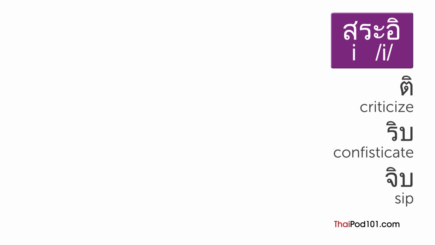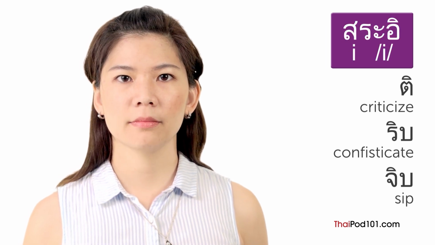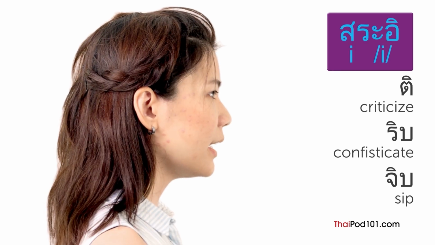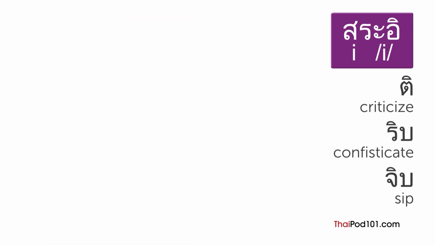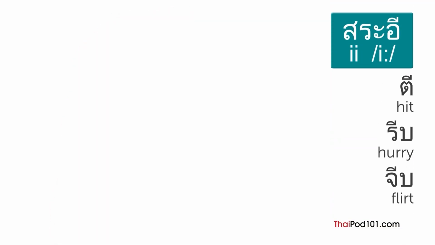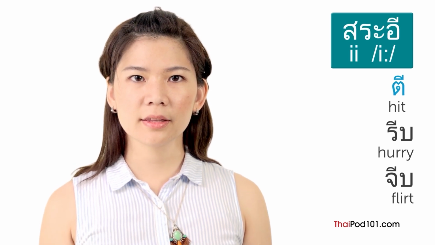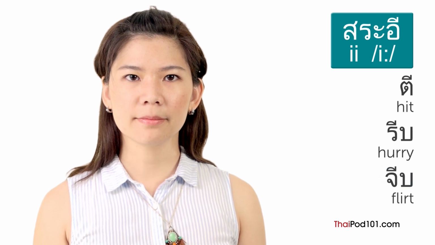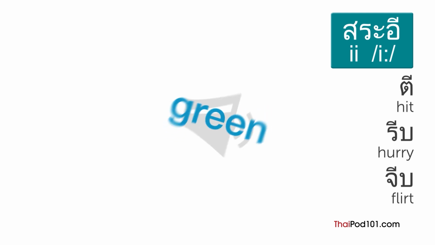This is a short I sound, like the I in ski. The next vowel sound is identical to the previous sound, but longer. It's like the sound the double E makes in the word green.